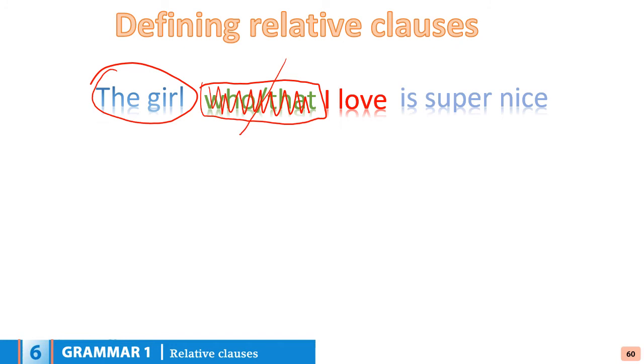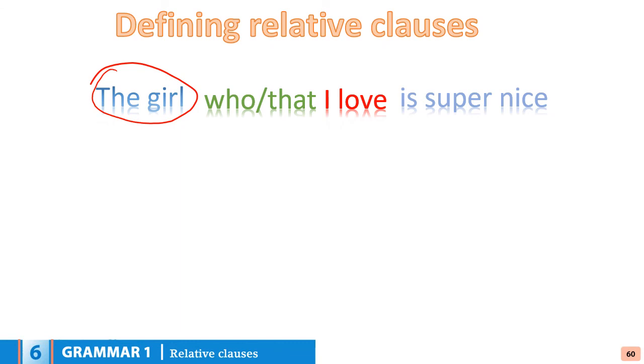The girl who I love, the girl that I love, or the girl I love is super nice. Okay, so you can use these three options to say these defining relative clauses.